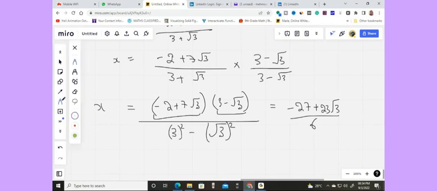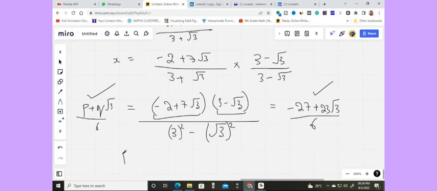So in the place of my x, I'm now going to write p plus q root 3 by 6. Once I compare this number with this result, I'm going to get my p and q. P is minus 27, and q is 23.